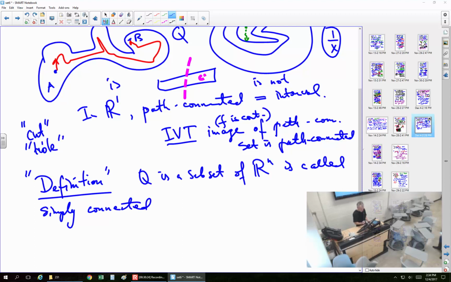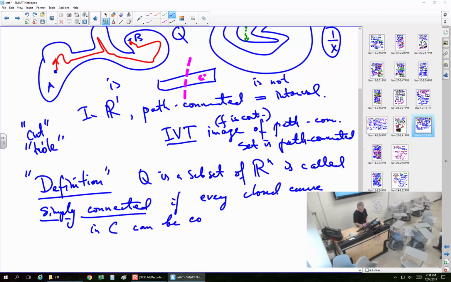Don't ask why it's called simply connected. It's not simpler. If every closed curve in Q can be contracted to a point.